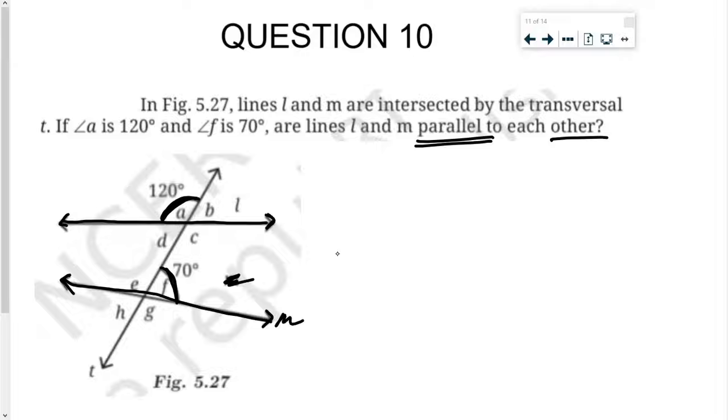Now, how do we know that the two lines are parallel?